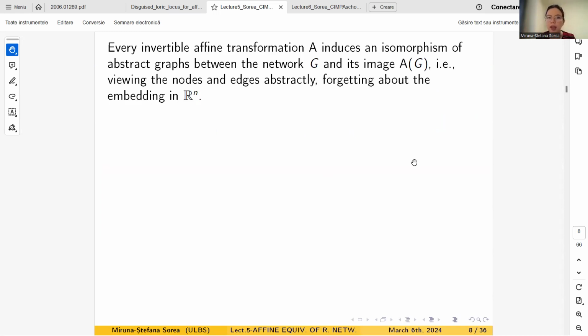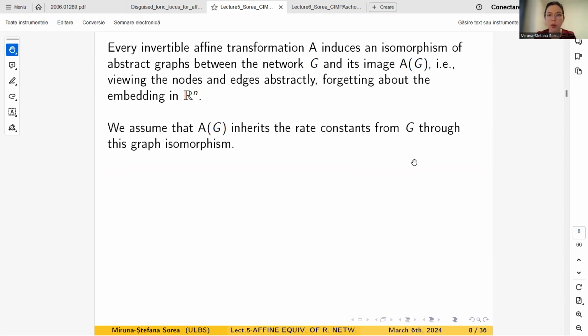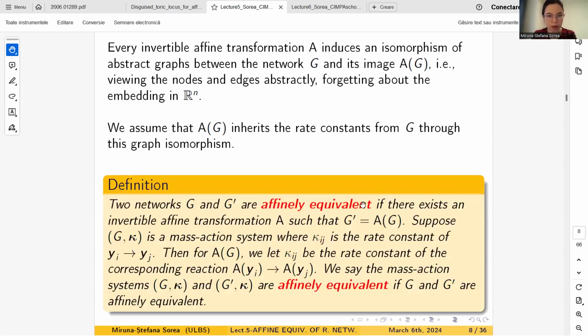Abstractly, A induces an isomorphism of graphs, but we want to work with mass action kinetics. So what happens with the rate constants now? We just define it this way. We assume that all the rate constants are inherited. We just use the same rate constants. And here is the definition.